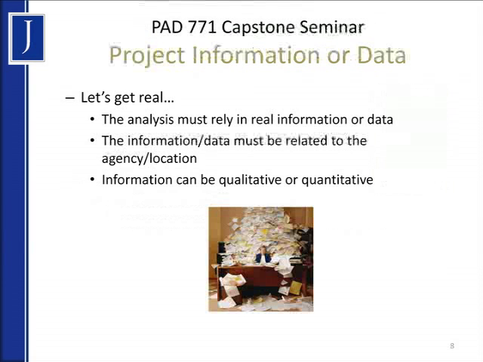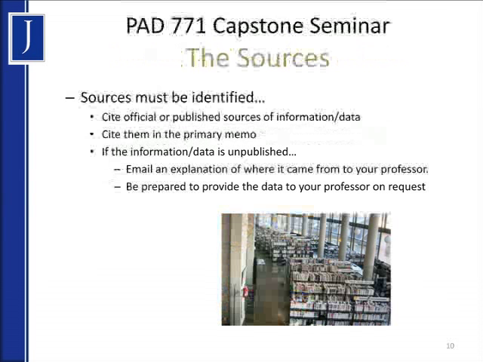Your analysis must rely on real information or data. The information must be related to the agency and location involved in the project, but the information can be qualitative or quantitative. The sources of the information or data for your project must be identified.